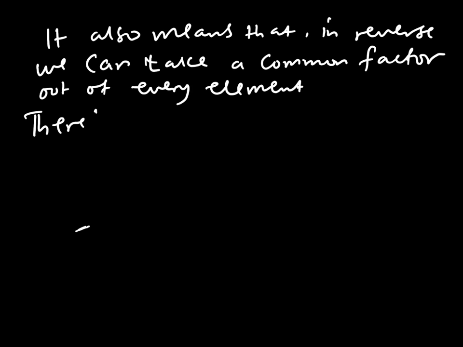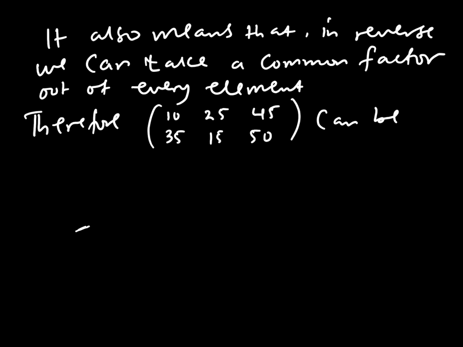Therefore, if I have a matrix which is 10, 25, 45, 35, 15, and 50, we can write this as 5 times a matrix. You'll discover that 5 is a common factor here. Every element can be divided by 5.